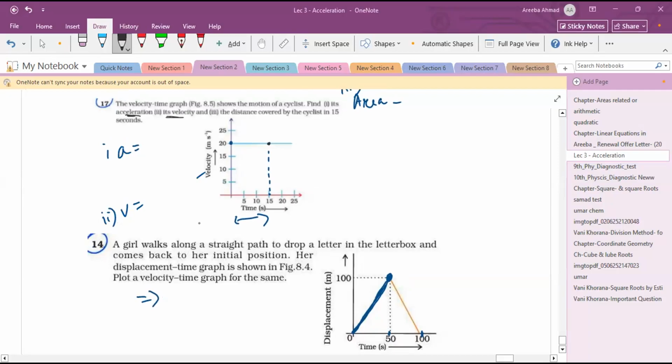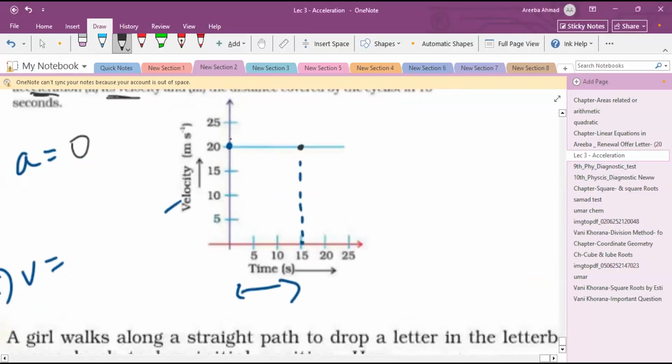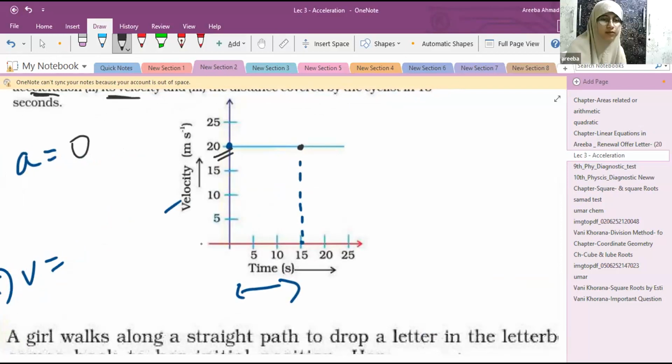Abdullah, your first answer is correct. Acceleration is 0 but velocity is not 0. See, what is the velocity, Abdullah? Look in the graph. If velocity also became 0, then acceleration would not exist at all, right?